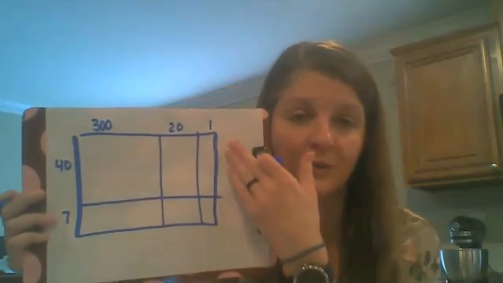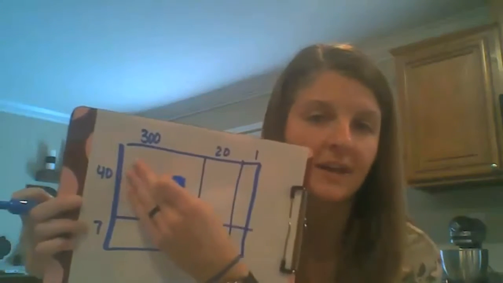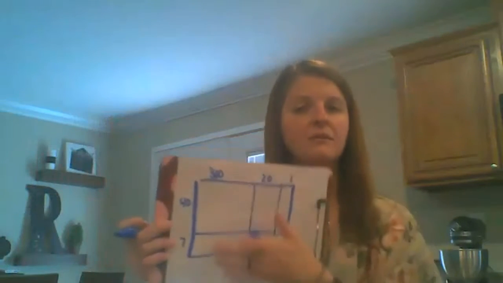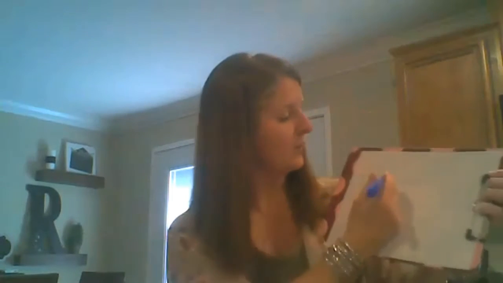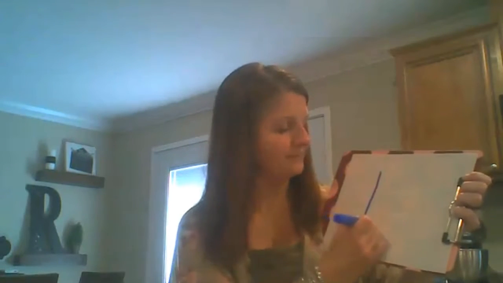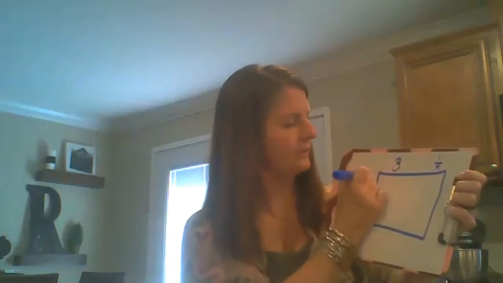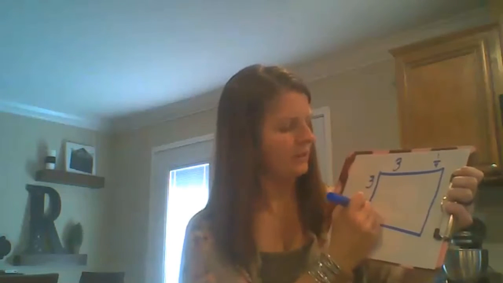It's for 321 times 47, and you would multiply 300 times 40, 300 times 7, and you would get all of your products within that area model, and then you would add those together, right? Guess what? We can do the exact same thing with these mixed numbers. So our problem was 3 1/4 times 3 1/2. I'm going to set it up the same way. 3 1/4 times 3 1/2.